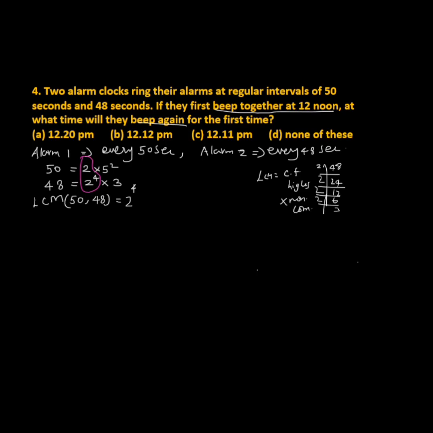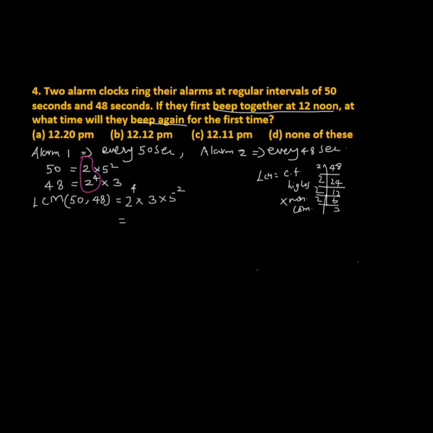HCF means only the common factors, taking the least power. But in LCM, we take the common factors with the highest power and the non-common ones also. 3 is a non-common factor and 5 squared also.